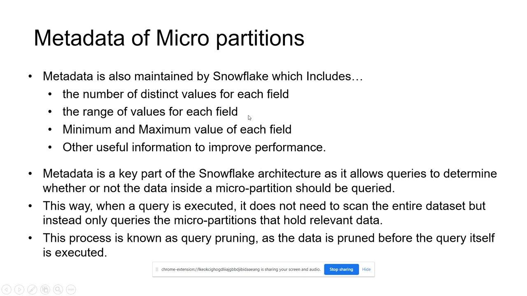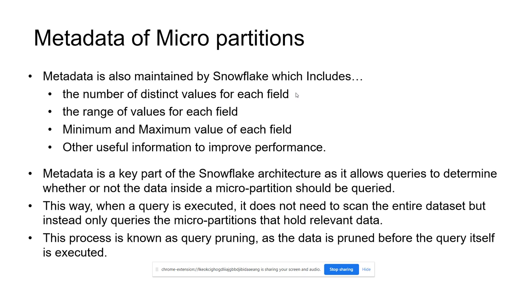But the metadata maintained by Snowflake gives the distinct values for each and every field. So for country, one of the distinct values is India, right? So this metadata is telling me that out of 1000 micro partitions, only 500 micro partitions have the value country equals India.